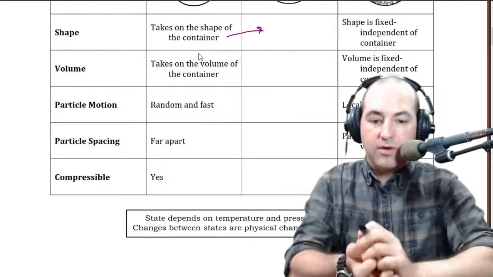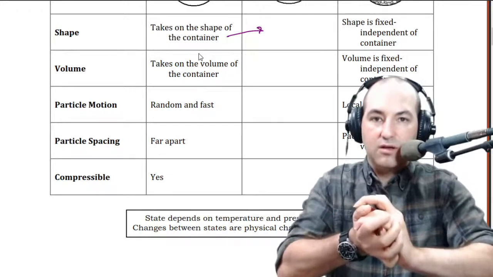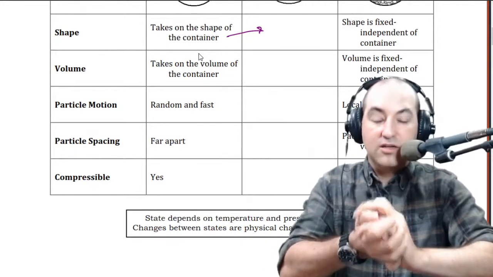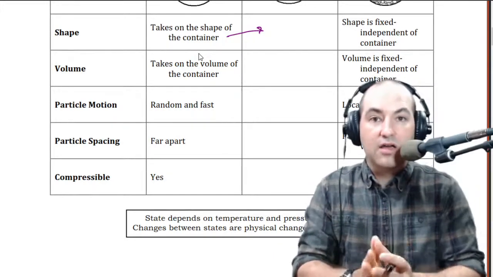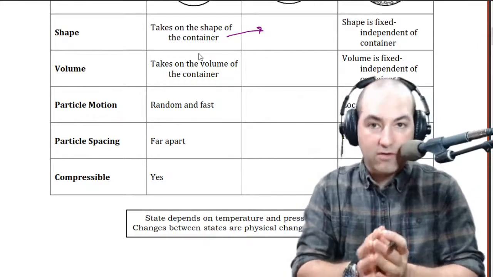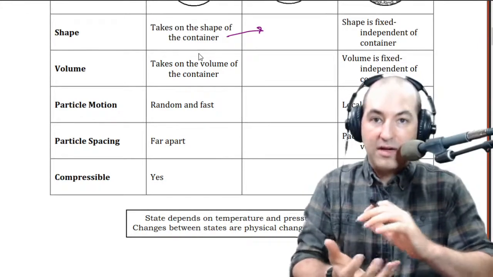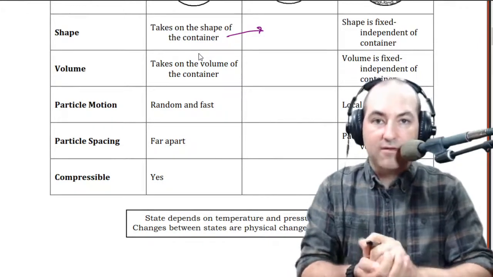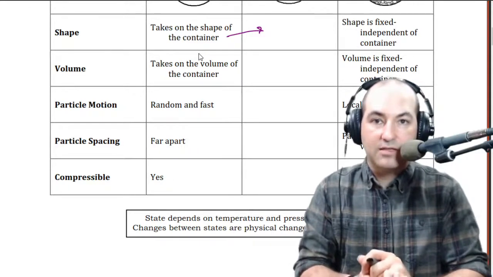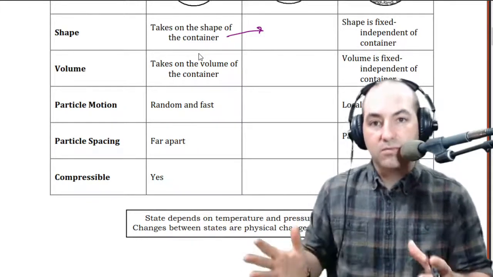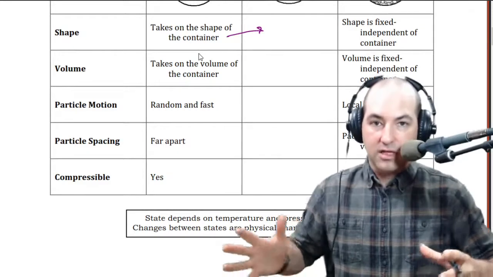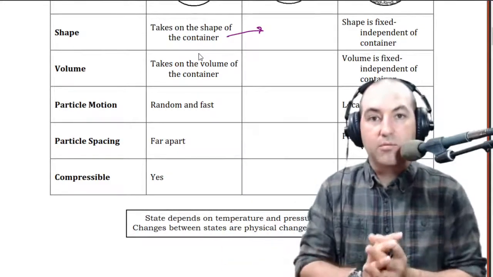And if you were to compress that balloon and squish it, you would have a different volume of gas. You still have the same mass, the same amount of matter inside there, but it now takes up a different volume, a different amount of space. And that's because of all the space in between the molecules that it can be so heavily compressed.